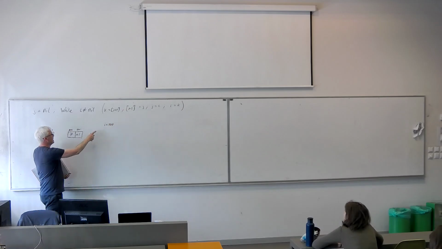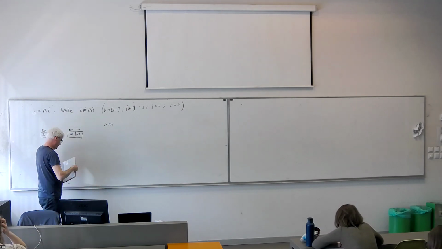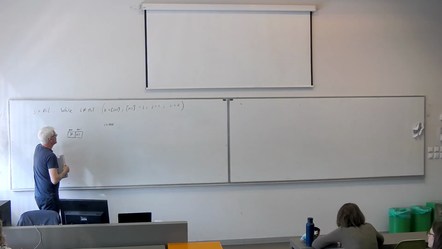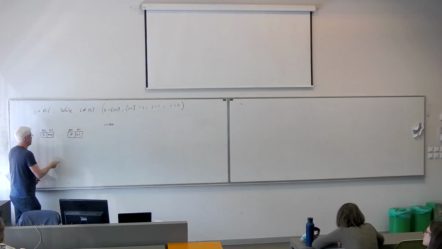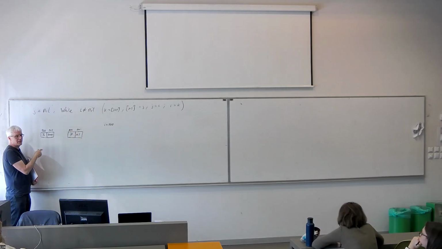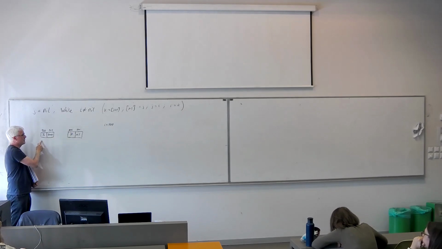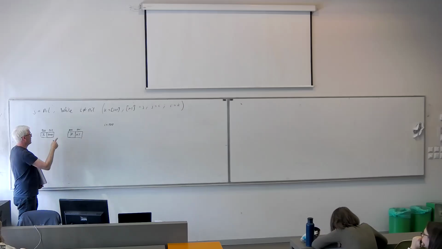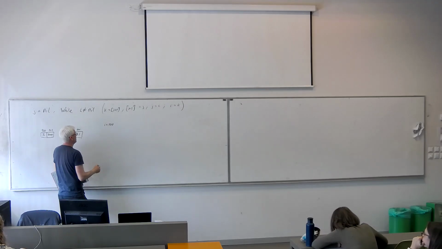And the idea is we're taking i to be a pointer to the start of a list. So here it's the head of this list. Okay, let's run the program on this. So the first thing we do is we set j to nil.